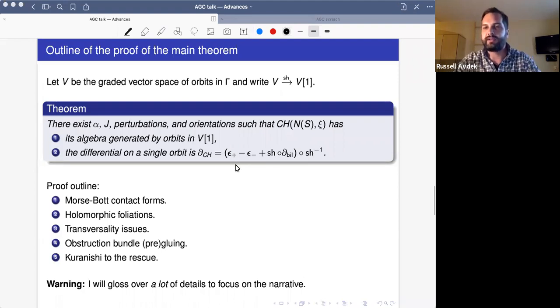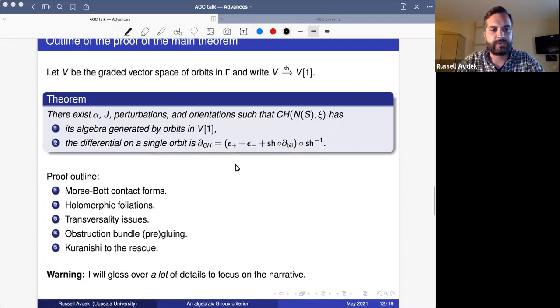And so here's an outline of the proof. First, again, of course, like every talk at this conference, we'll use some Morse-Bott techniques. The Morse-Bott techniques allow us to write down some really nice almost complex structure, and that'll give us holomorphic foliations. And everything is kind of too nice.